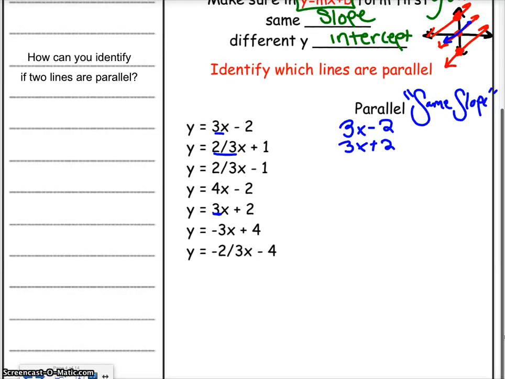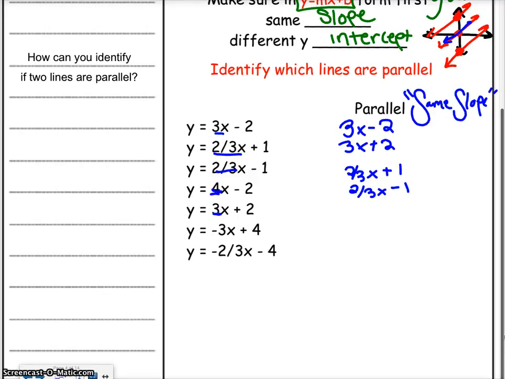What about 2/3? Do I have any 2/3 slopes? So 2/3 x plus 1, 2/3 x minus 1. Again, I'm just comparing slope. Not a negative, because negative would intersect. I'd have one that's going up and then one that's going down. Those would be intersecting lines.